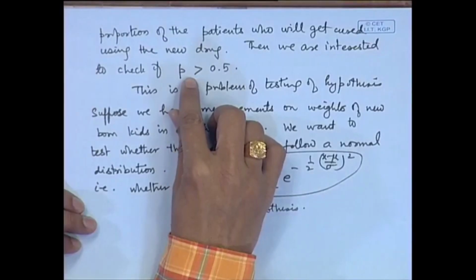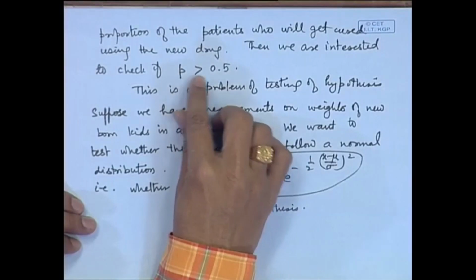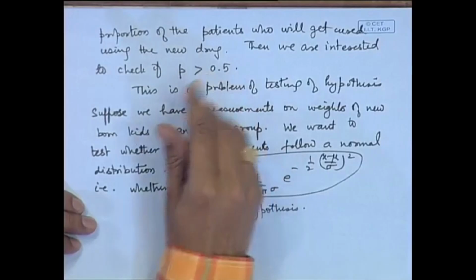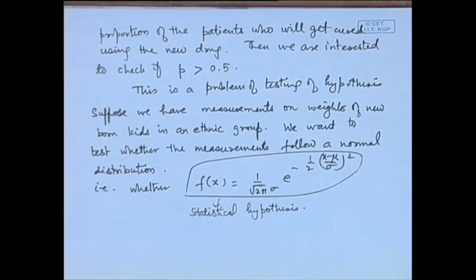So, for example, consider the problem of assessing whether a new drug is more effective or not. The drug trials are made on patients. Suppose the trials are made on 1000 patients or 100 patients.